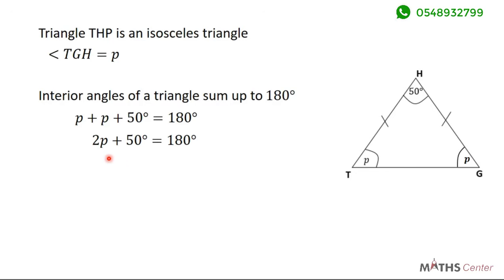P plus P will give us 2P. So we have 2P plus 50 degrees is equal to 180 degrees. 2P will be 180 degrees minus 50 degrees, which is 130 degrees. You divide both sides by 2, you are going to get P to be equal to 65 degrees. So you see, from this question, we've used the property of an isosceles triangle to find the value of P.